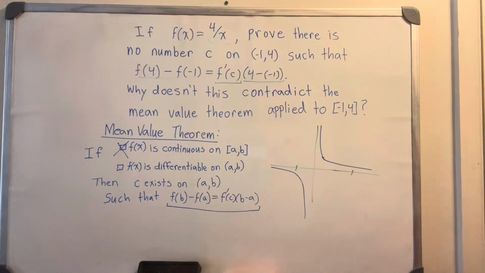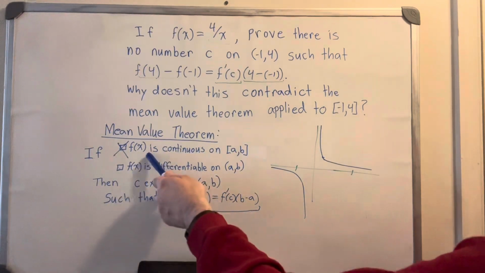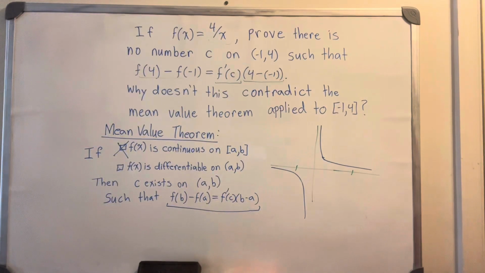Sometimes you get lucky and you find out the first thing is not met. So that's why the mean value theorem was not contradicted, because its requirements were not met.